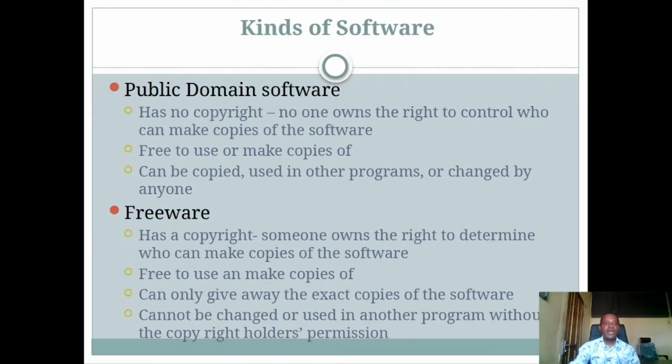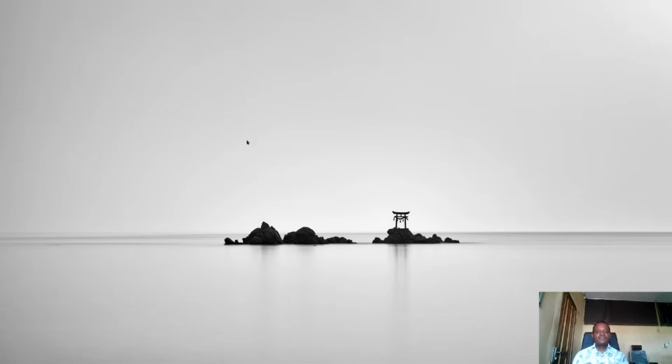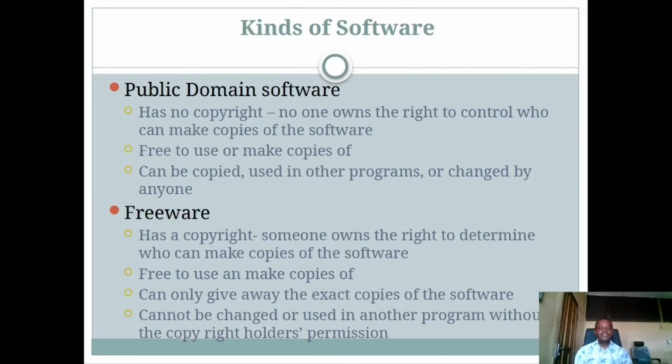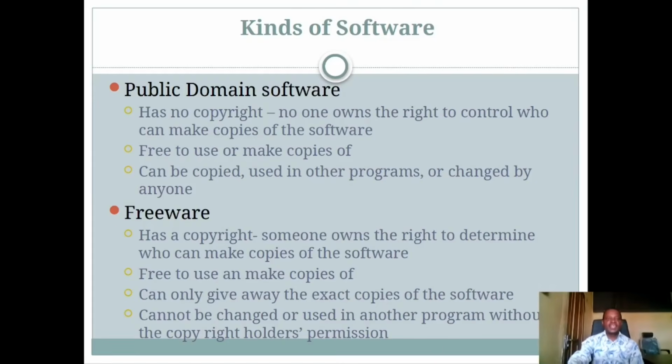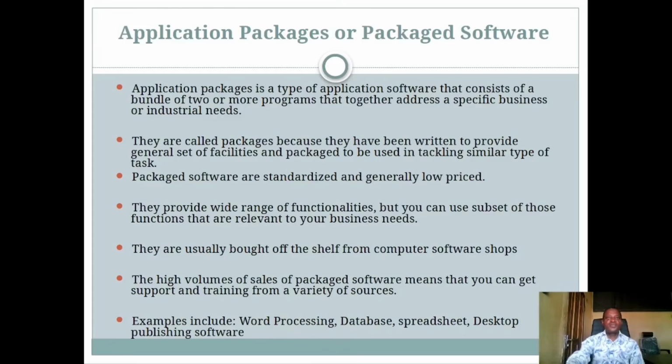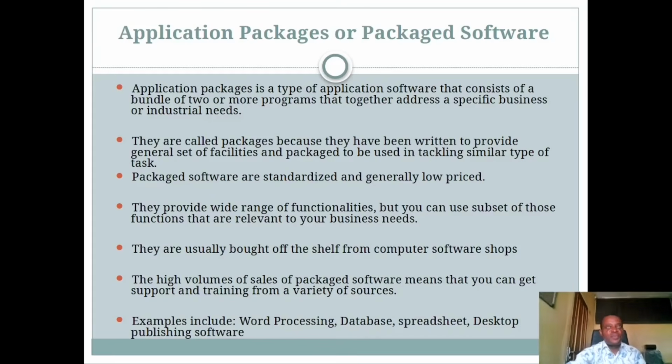Okay, we talk about kinds of software. So we are looking at application packages or packaged software. We said a lot of things about that one. I wanted to rush to the kinds of software.